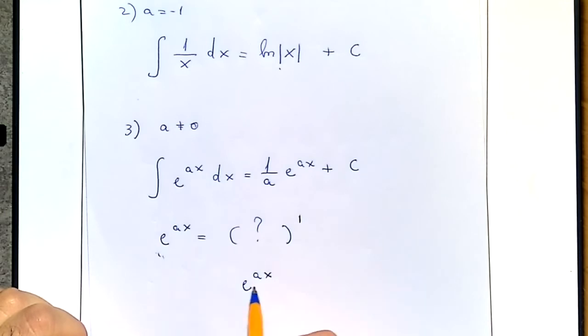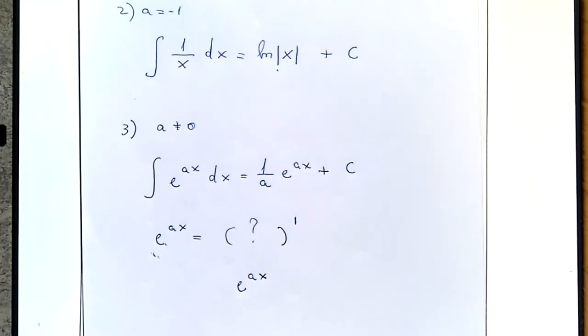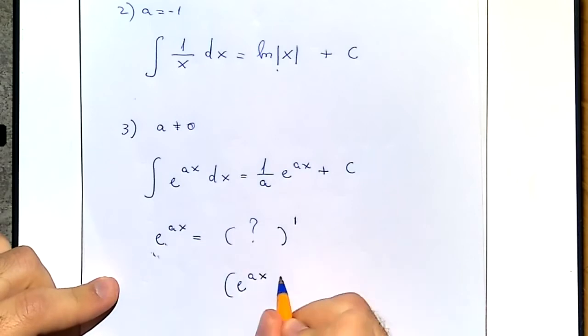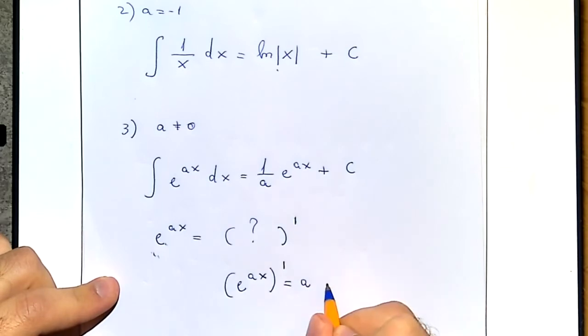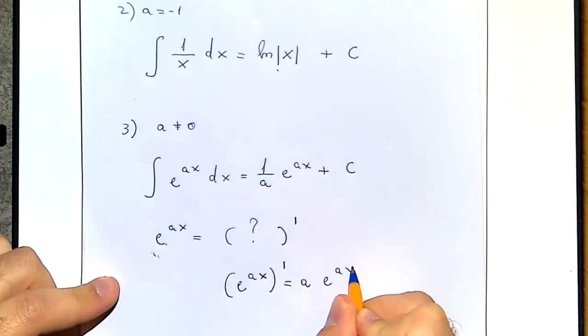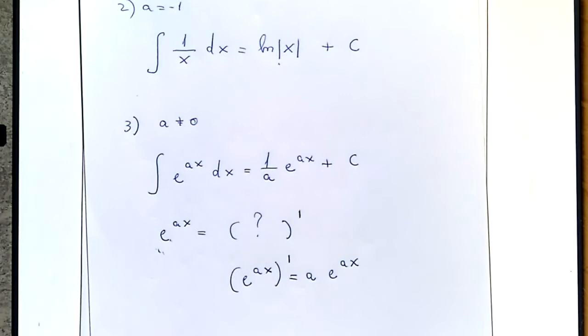So I need something whose derivative is going to give me e^(ax). A normal choice is to compute the derivative of e^(ax). If you compute this, it's just a·e^(ax).